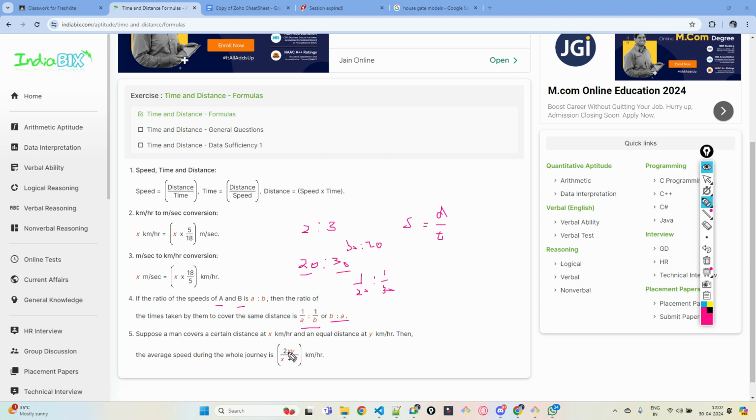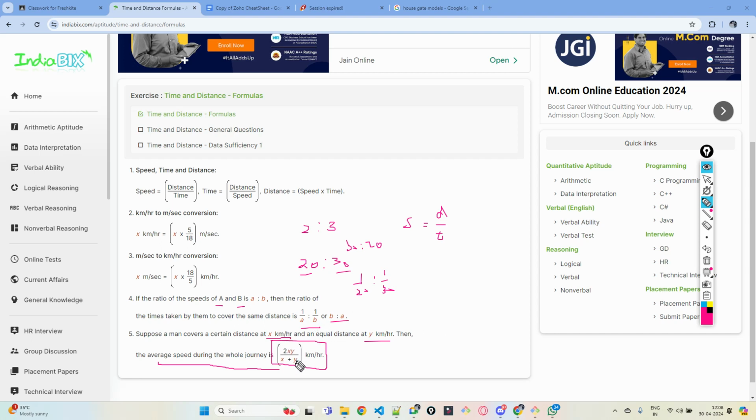Now suppose a man covers a distance at x kilometer per hour and an equal distance at y kilometer per hour. They are asking to calculate the average speed during the whole journey. Now, you should not just remember this formula and mug it up. That is what you should never do in aptitude.